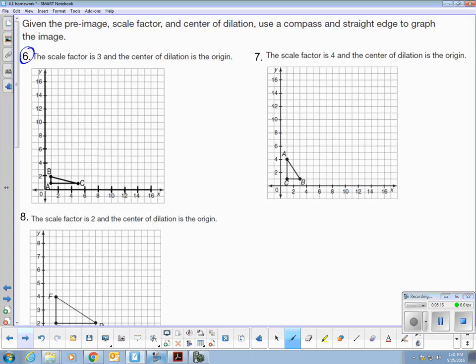This time I have a pre-image of triangle ABC. Point A is 1, 1. Since my scale factor is 3, A prime is 3, 3. Point B is 1, 2. Since my scale factor is 3, B prime is 3, 6.